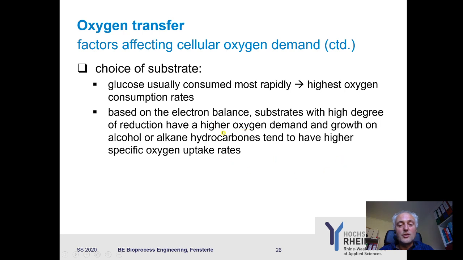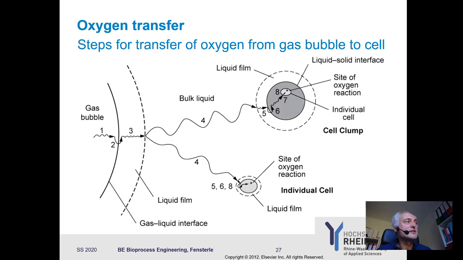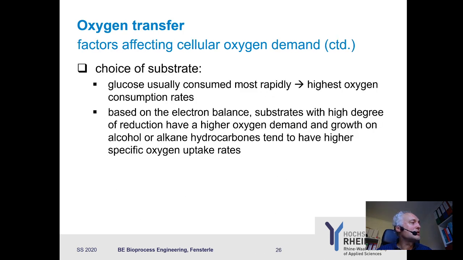So if you grow on hydrocarbons, you are likely to have higher specific oxygen uptake rates, just based on the degree of reduction. But this is a more complex function, because of course you also have a rate of metabolization downstream, and usually the rate of metabolization of these hydrocarbons is then lower. So there is kind of a balance. So at the end, you would need to measure that experimentally in order to know it, or to look up the listed values.